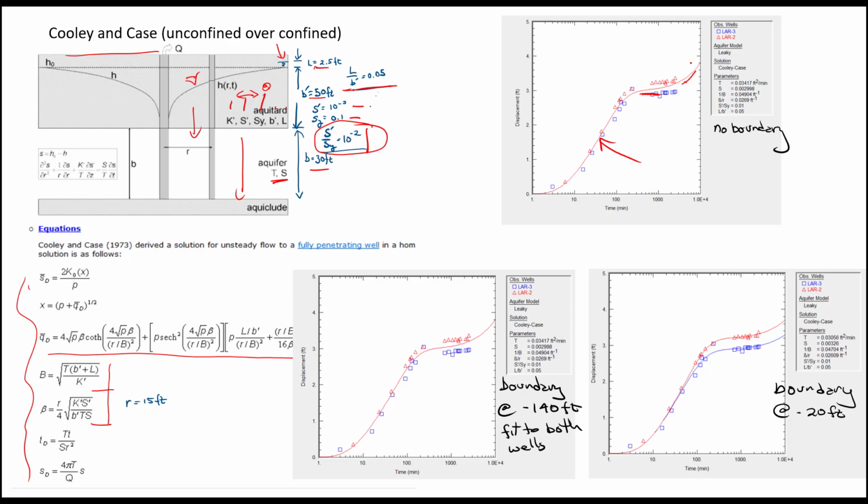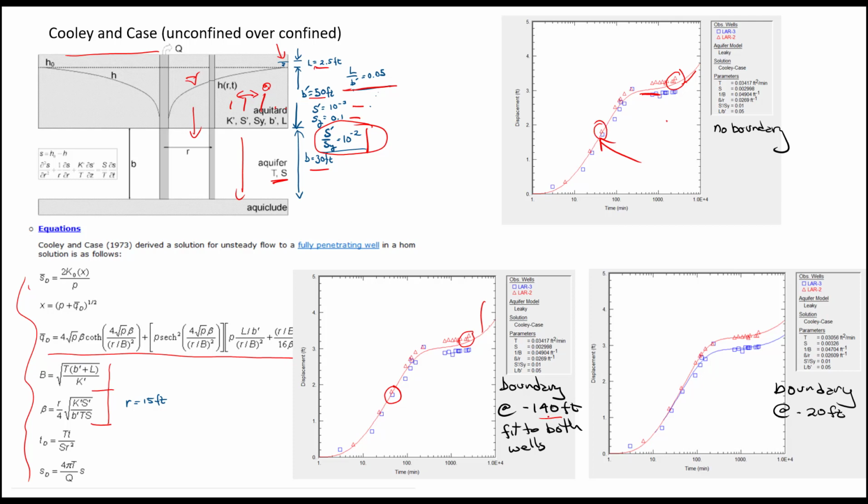If I include a boundary here at 140 feet, then I get that curve, and if you compare these two, I really don't see much difference. If you look right there at that cluster of points, you see the curve coming through it at almost exactly the same place. It's essentially unchanged.